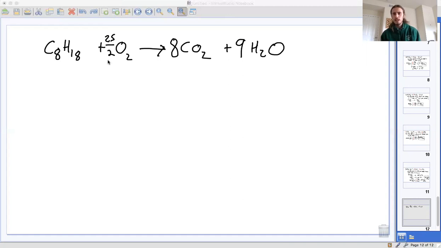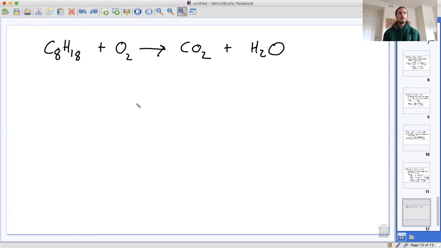But I don't want to have a fraction, so I'm going to multiply my entire equation by 2. And so I'm going to end up with 2, 25, 16, and 18.